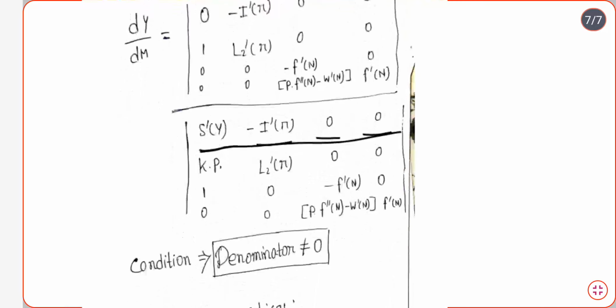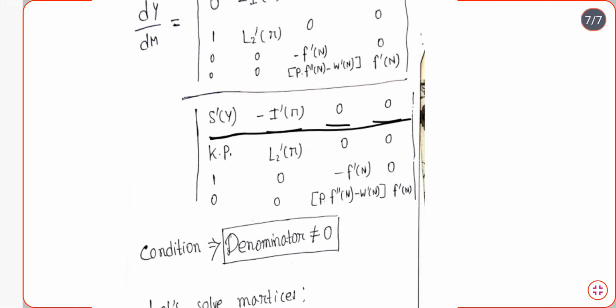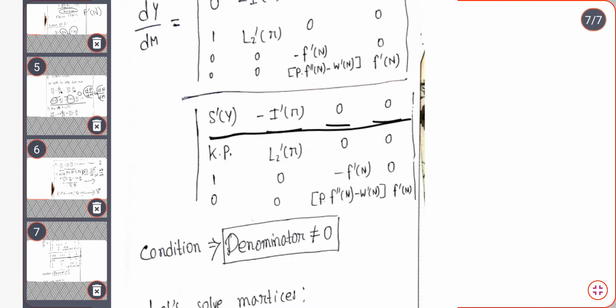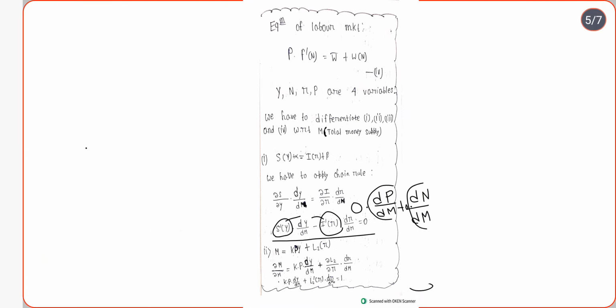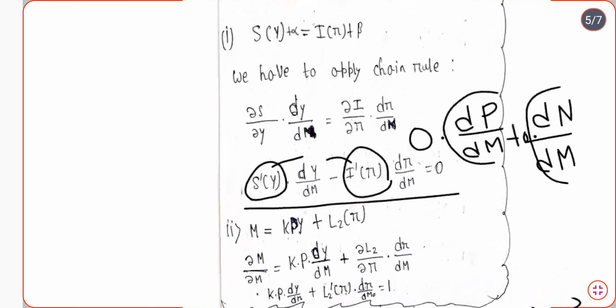Similarly, from the second equation, that is the money market equilibrium condition, we will also obtain the values of the coefficients, but you have to maintain the order. Here s dash y is the coefficient of dy/dm, and minus I dash r is the coefficient of dr/dm.